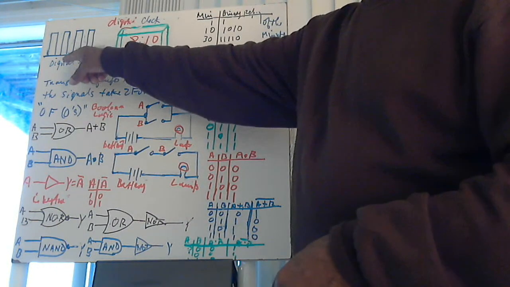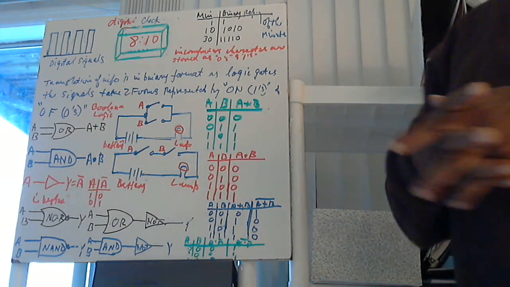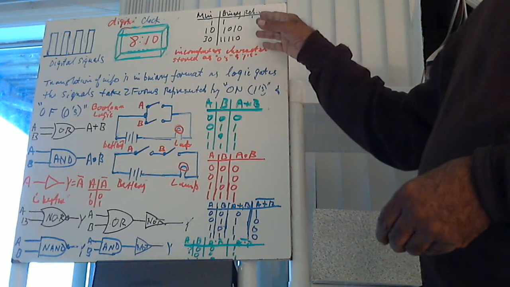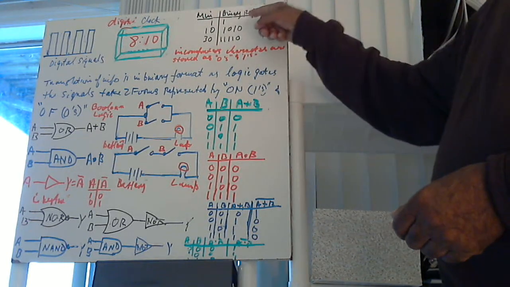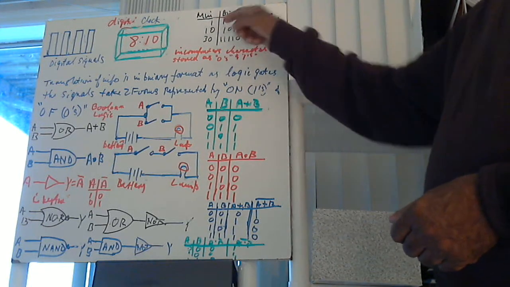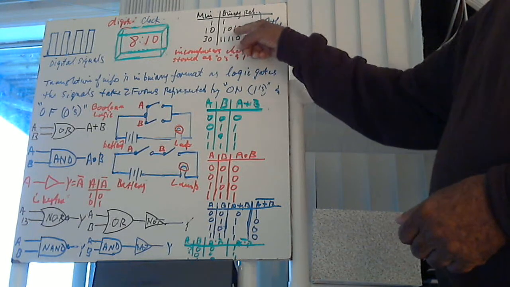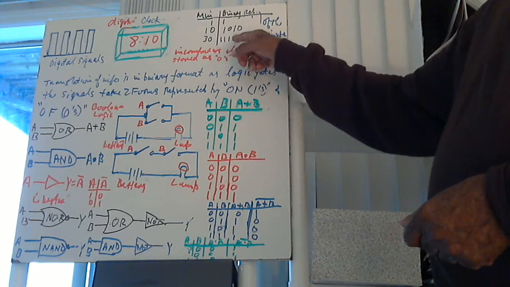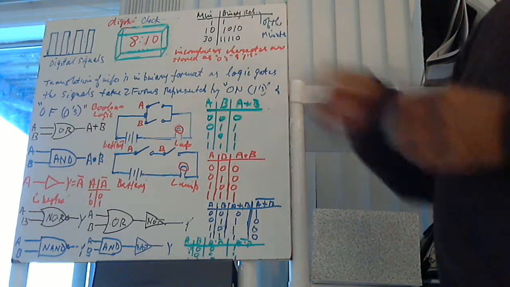This bar graph shows digital signal representation, and as I was talking about these bits of data, if you look on this side here in this little table, we have some minutes on one side of the table, and we have the binary representation of those minutes on the right hand side. So 10 minutes would be represented by this string of 0, 1, 1, 0, 1, 0. 30 minutes would be represented by 1, 1, 1, 1, 0. So these are the binary representation of those minutes.